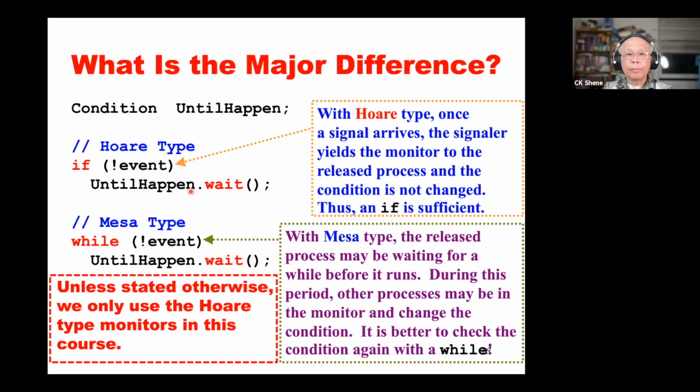Now, if someone has caused the event to happen and you are released from here, under the Hoare type, the one who made the event happen and released you goes outside of the monitor immediately, and you, the released one, immediately get the monitor. So the event is still there.